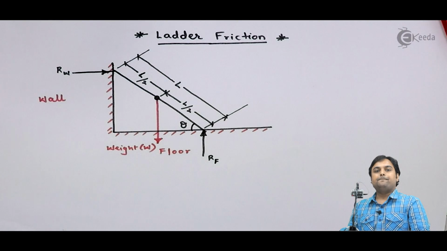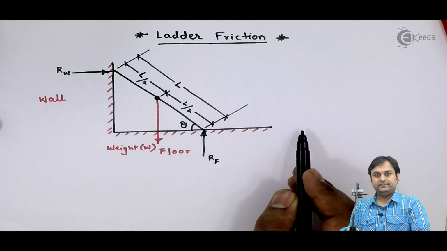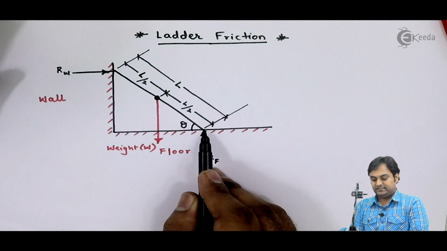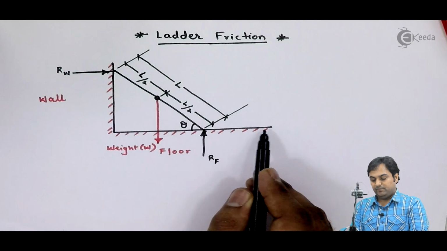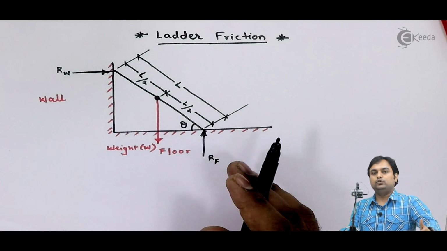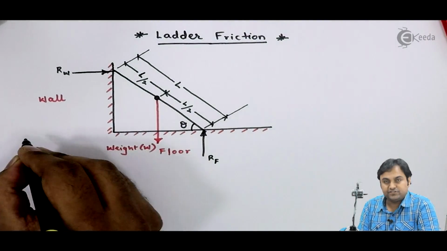Now, if the ladder is slipping, then it would be moving towards left. That is, if anyhow because of the weight of the ladder it gets slipped, then the ladder would be moving towards left. But if the ladder is trying to go towards left, friction force would try to move it towards right.